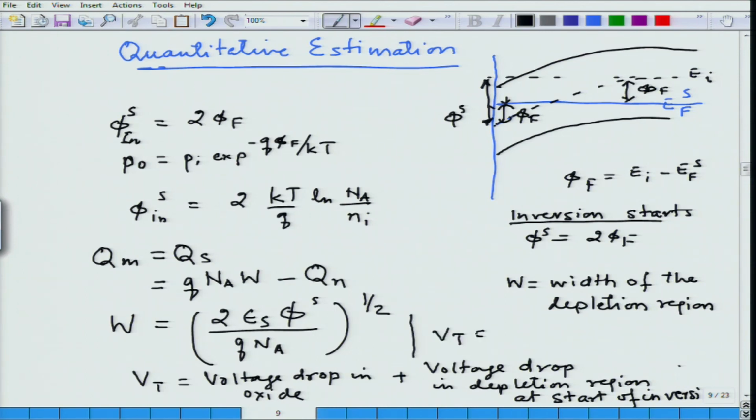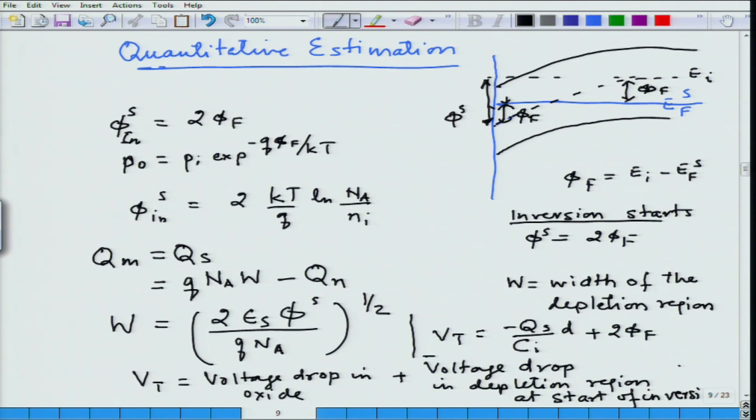the voltage drop in oxide is a simple factor which is given by the charge in the metal or the semiconductor divided by the capacitance per unit area multiplied by the thickness of the oxide, plus the voltage drop in the semiconductor, which is nothing but 2 times phi of f.